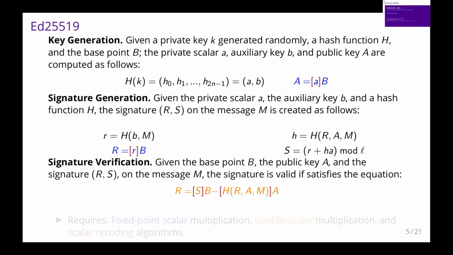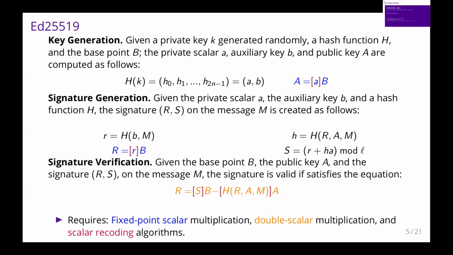I think the main takeaway of this slide is that it uses 3 important operations: fixed point scalar multiplication, which are the ones highlighted in blue; double scalar multiplication, which is used in signature verification; and scalar recoding algorithms that recode the scalar value into a different form before the scalar can be used by one of these multiplication functions.